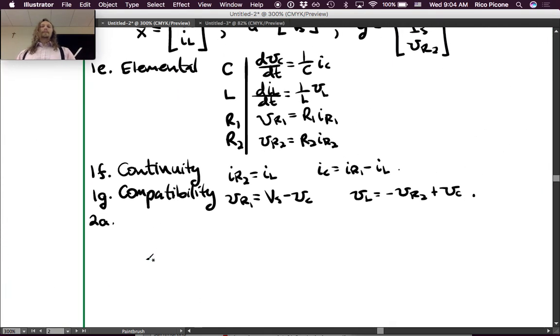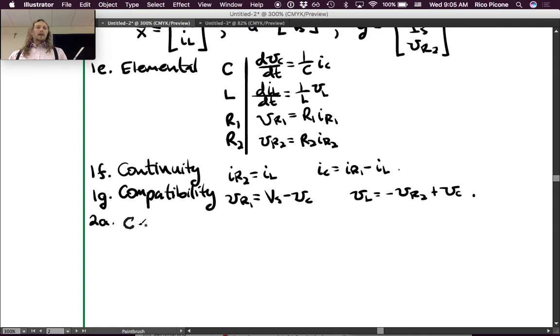So essentially we need to rewrite the elemental equations again, but eliminating the secondary variables. Fortunately, we've solved for all of these secondary variables in the continuity and compatibility equations already. So our substitution is just ready to go for us.